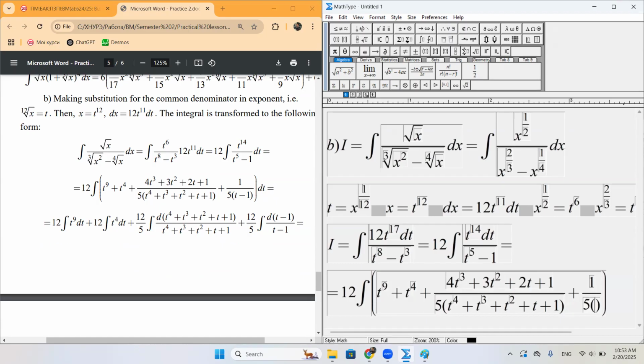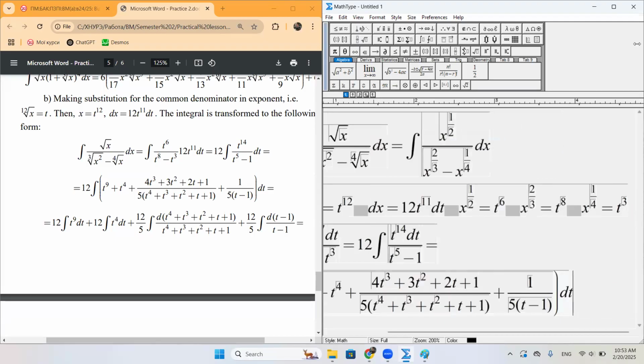Yeah, also expanded it into different fractions. So t plus 1 and dt.